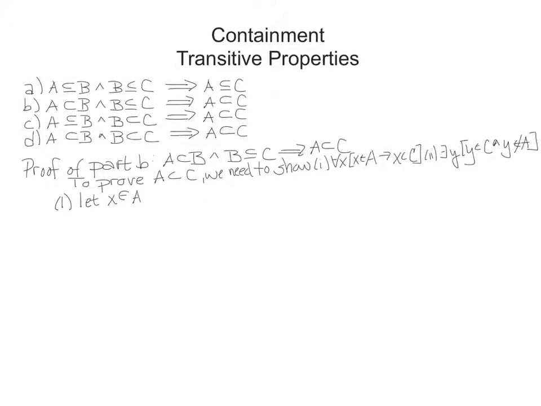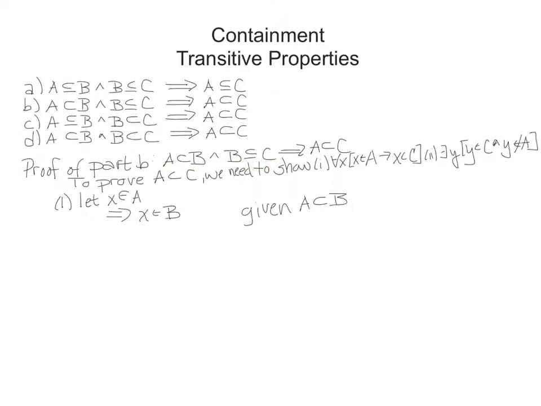Now, again, the first step, we're going to write let x be a member of the subset. So we're trying to prove that A is a subset of C. Therefore, I have let x be a member of A. And so what do we know about A? Well, we know A is a subset of B. So if x is an element of A, then x is an element of B. And that is because we are given A is a proper subset of B. So what else do I know?